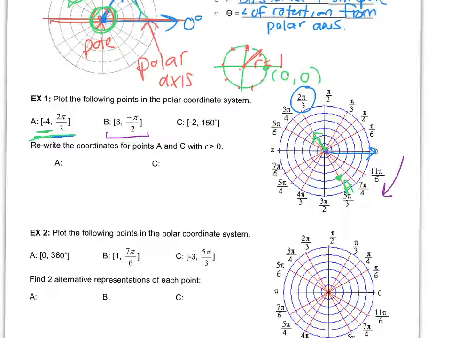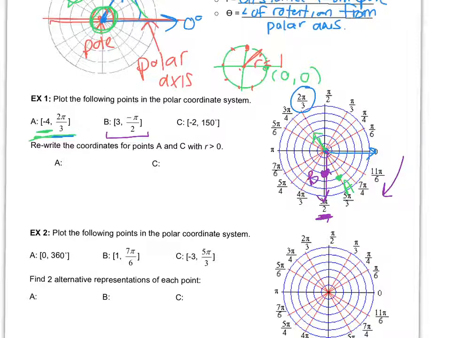If we rotate to the negative pi halves direction, we'll be facing 3 pi halves. And because r is positive, we imagine again we're facing negative pi halves, then walk forward 3 units to represent that positive value of r, and we land right here at the coordinate 3, negative pi halves, or B.